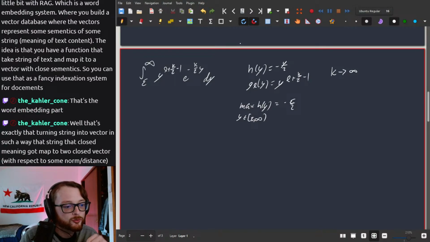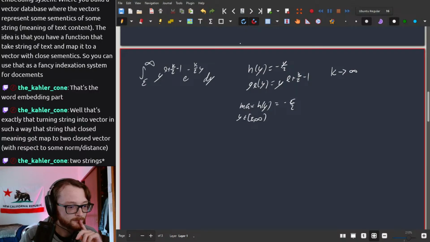Exactly, turning a string into a vector in such a way that strings with close meaning get mapped to close vectors with respect to some norm, such as distance. That sounds difficult to do.